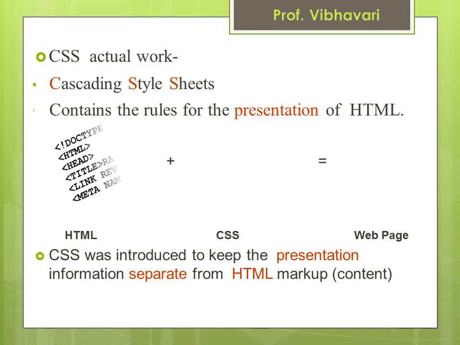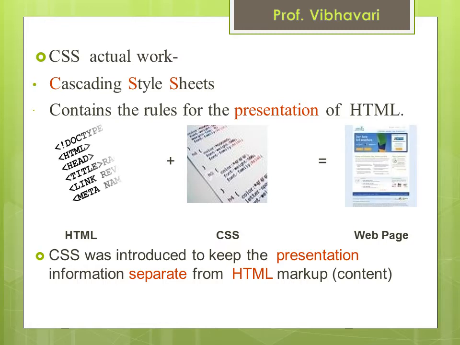In that code, whatever styles we require to include, those styles are represented by the CSS, and the HTML plus these style sheets, style rules, are shown as web pages, but in an effective manner, because we applied various style sheets over our basic HTML code. So CSS was introduced to keep the presentation information separate from the HTML.